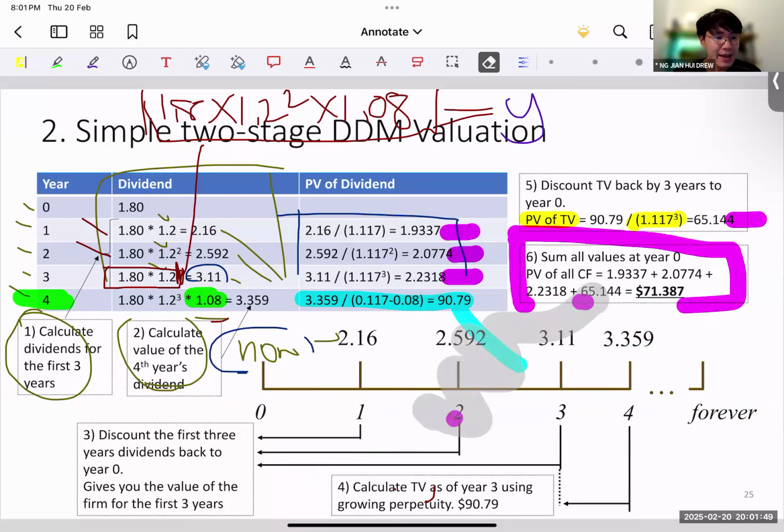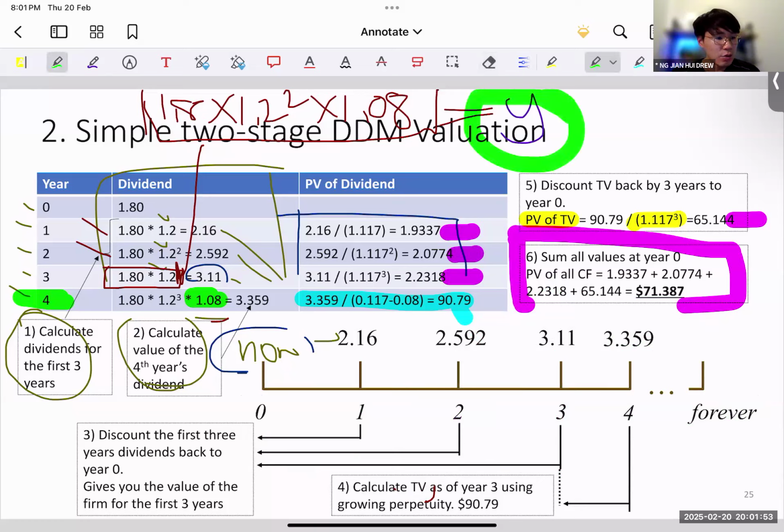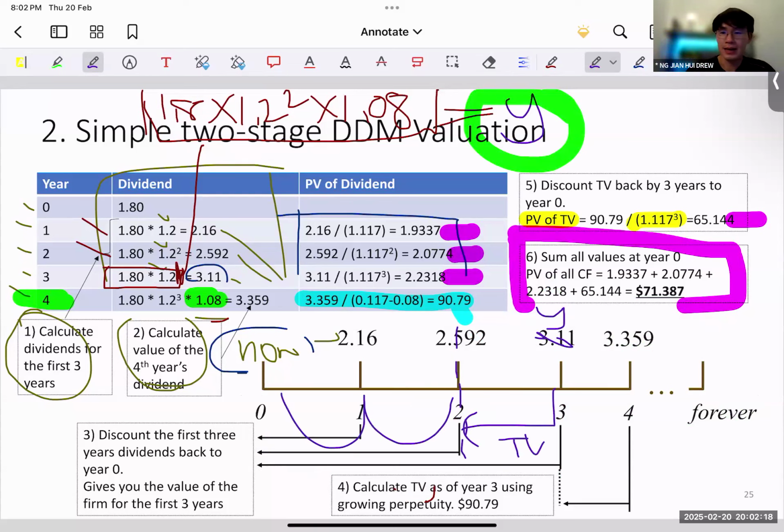If the value is y there, which is this thing here, y, so in year 3 it is y, and it means that when we calculate terminal value, we are calculating terminal value as of year 2, and so this is terminal value as of year 2, and then after that you need to discount it 2 years. I hope that's what you're trying to ask.